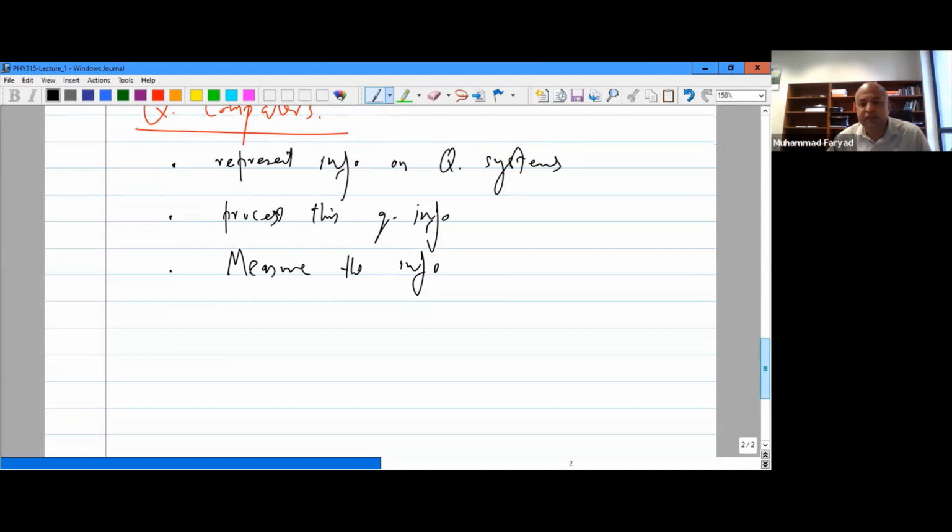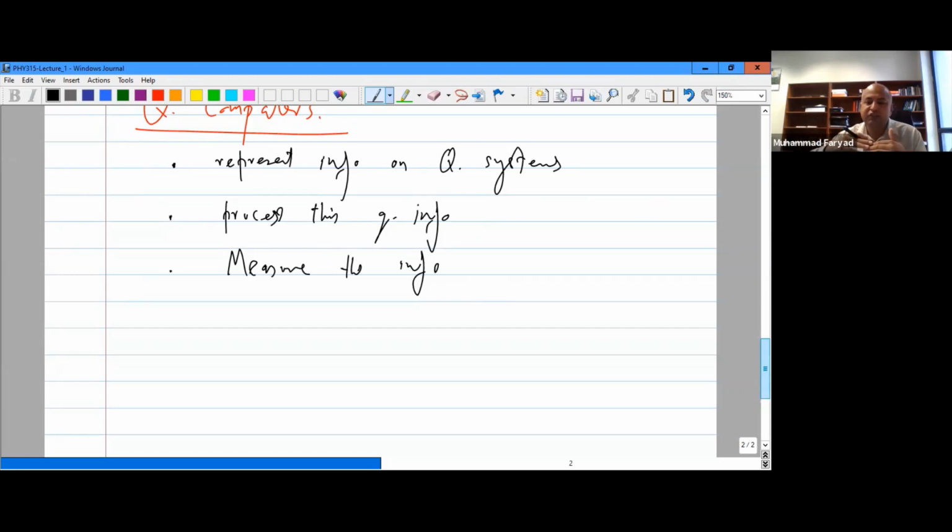But this is certainly something that we can imagine in a way that there is one or many quantum systems, and a quantum computer is a device where we are able to represent information using these quantum systems, and then we're able to do some operations or processes on these quantum systems.